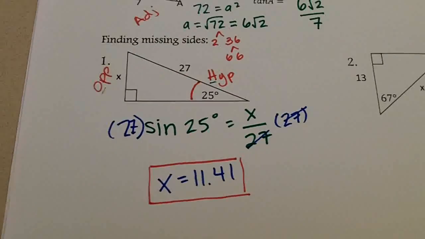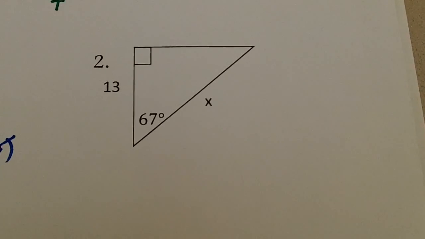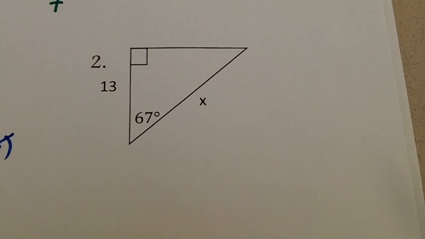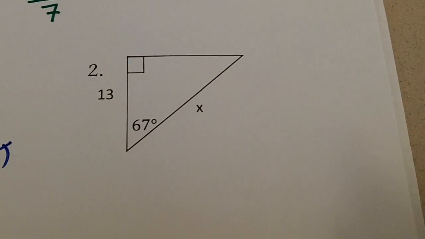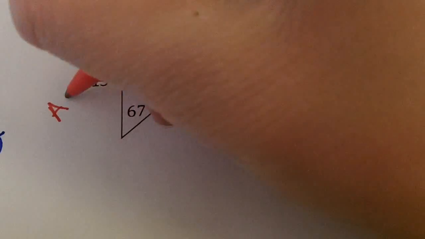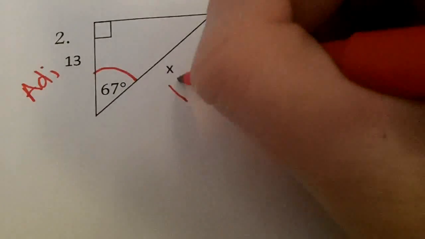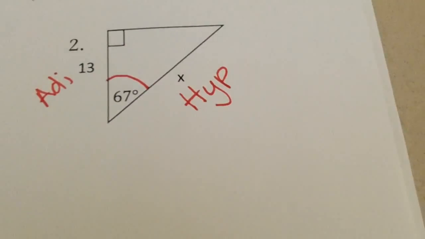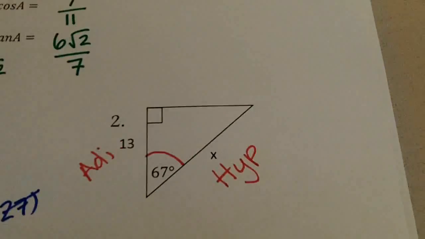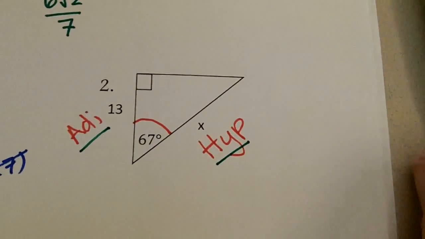Let's try another example. Take a look at this triangle. This time, 13 is the adjacent side, and x is the hypotenuse. We need to think of a trig function that uses the adjacent side and the hypotenuse.